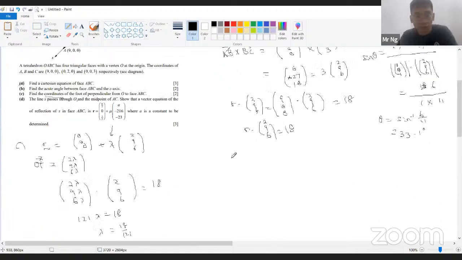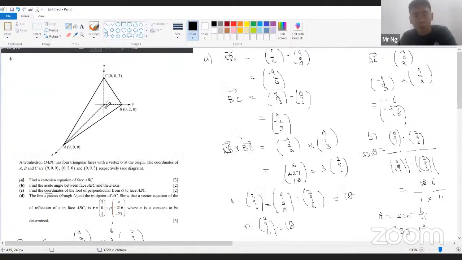So this shouldn't be wrong. Unless our whole planning and the concept of finding the perpendicular is wrong, but it's not wrong, so I think I'm right. So that's D.